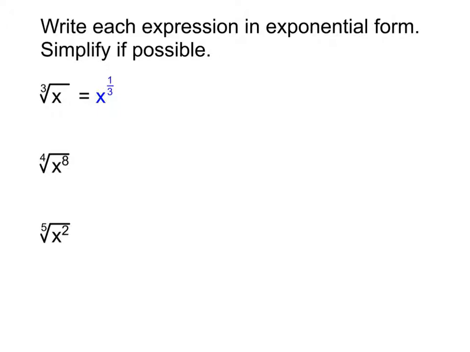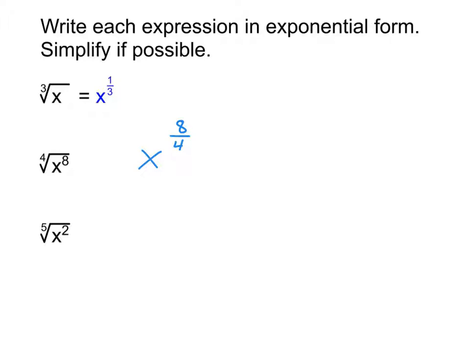All right, next up, we have x to the power of 8th, and we got the 4th root of that. So that would be x to the power of a fraction again. The radical always tells us which number goes on the bottom. So that's our 4. The exponent is always the number that goes on top. So that's an 8. But notice we're not going to stop there.